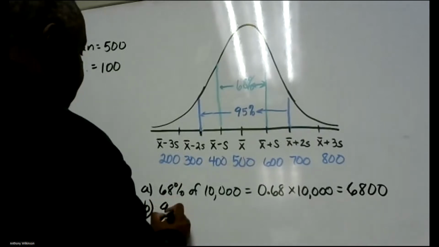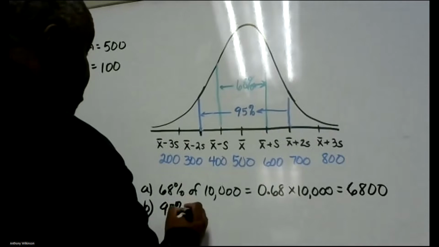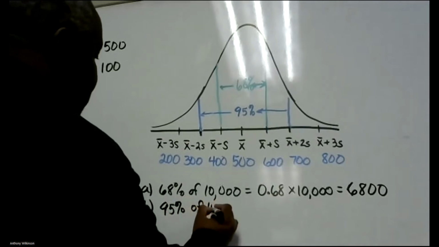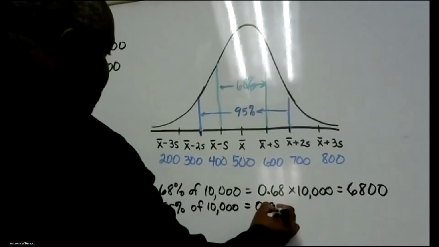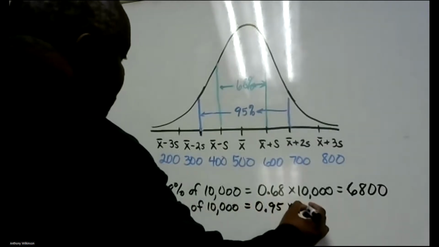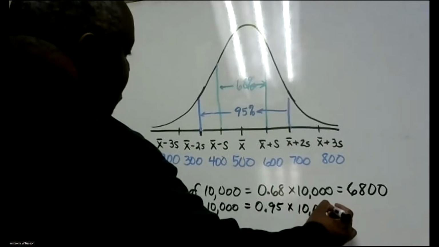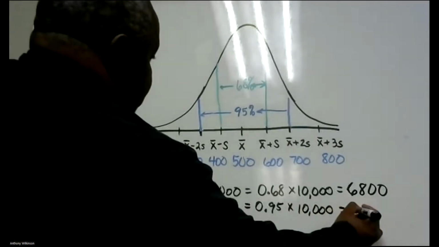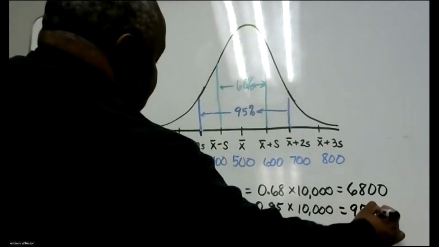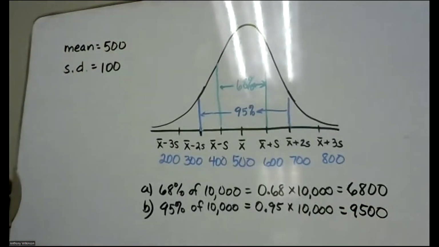So let's find 95% of 10,000. That'd be 9,500. So 9,500 scored between 300 and 700. Questions on part B?